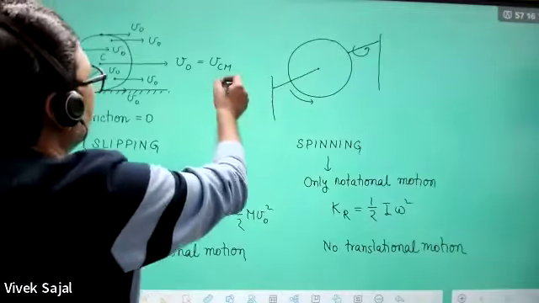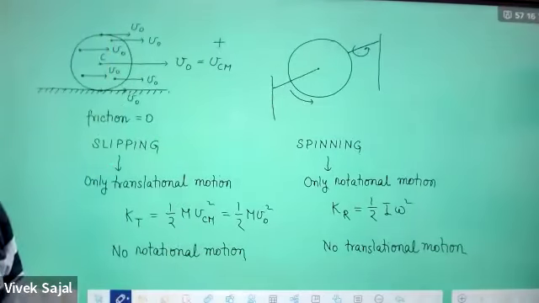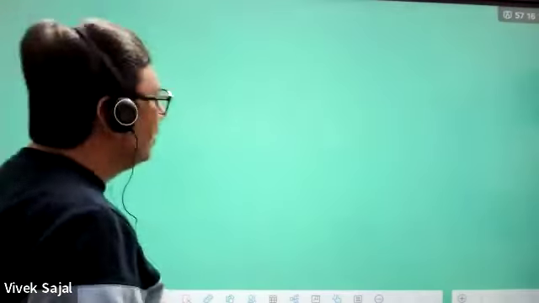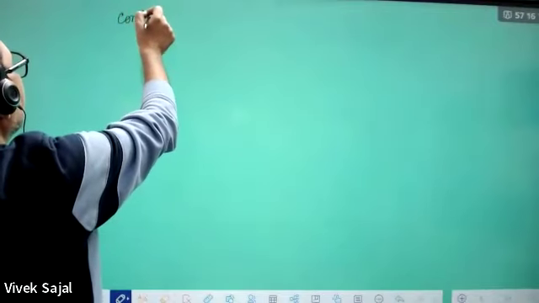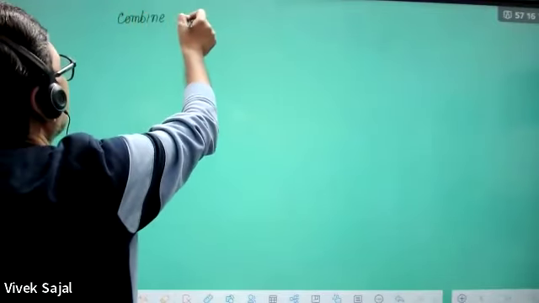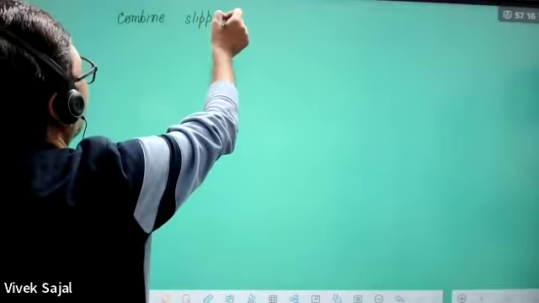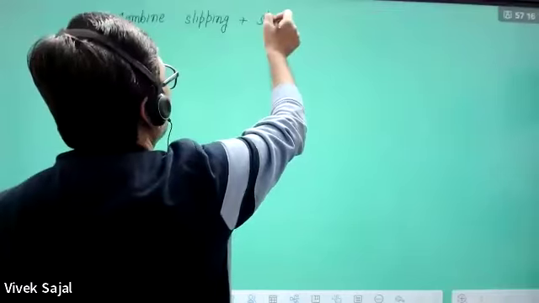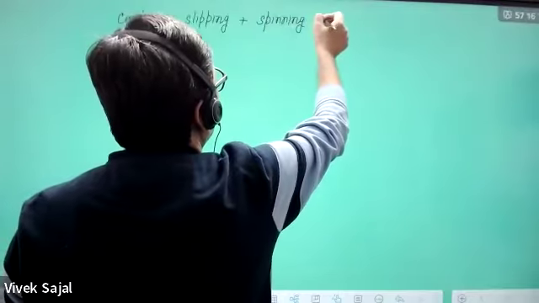If we combine these two motions, when both the motions are combined, now combine this pure slipping plus spinning together.